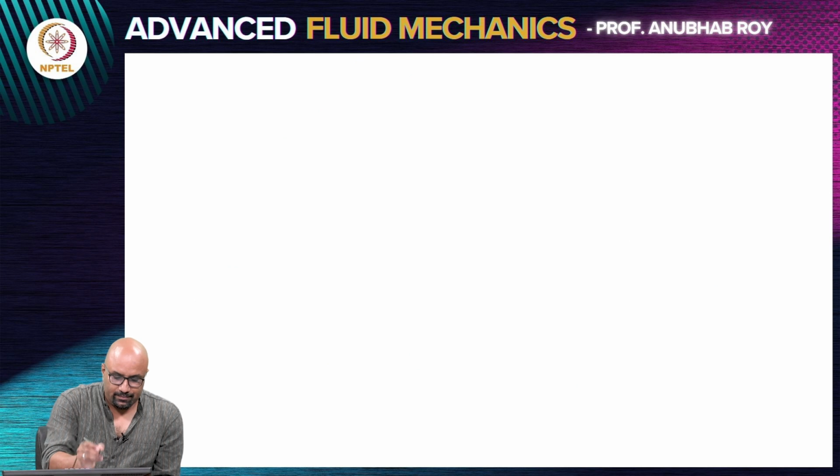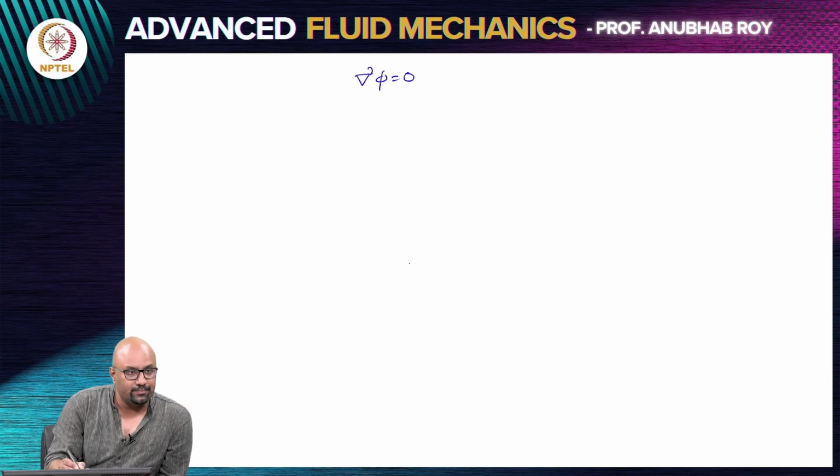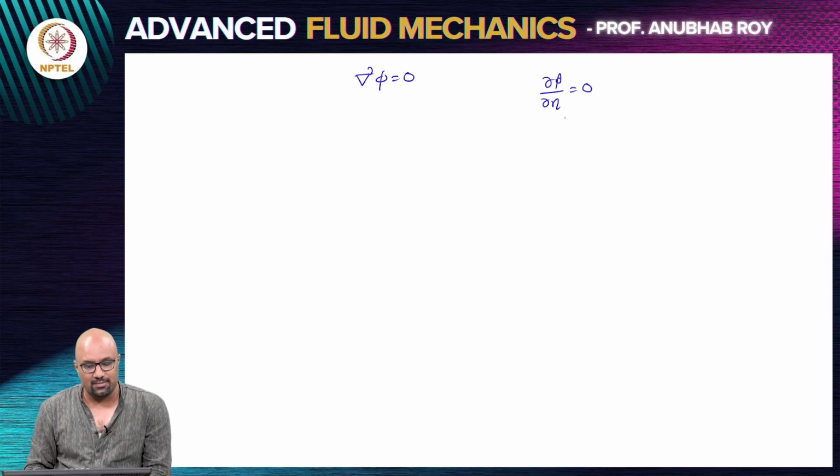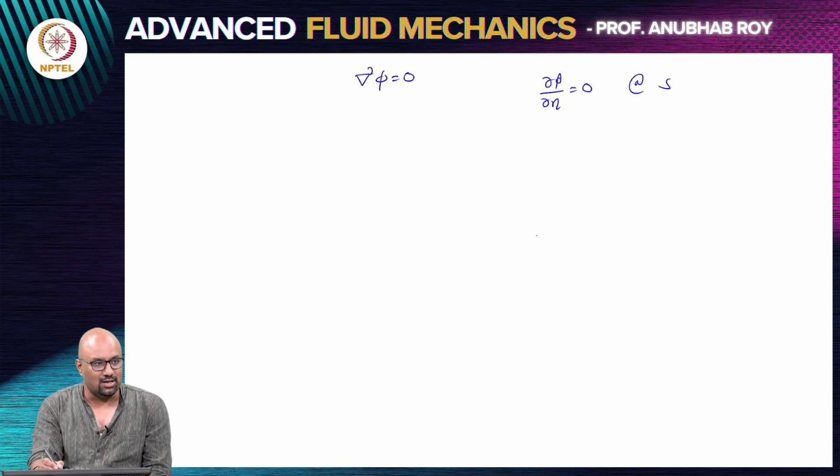So, now we have the potential flow equation del squared phi equal to 0 with the boundary condition that ∂φ/∂n is equal to 0 on a solid surface. And far away, if there is an imposed flow, it goes to the imposed flow, or else you would have whatever is the other boundary condition at infinity.